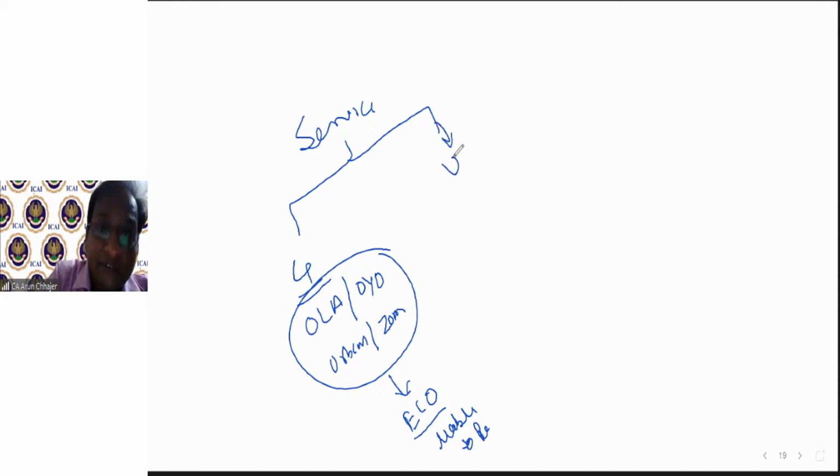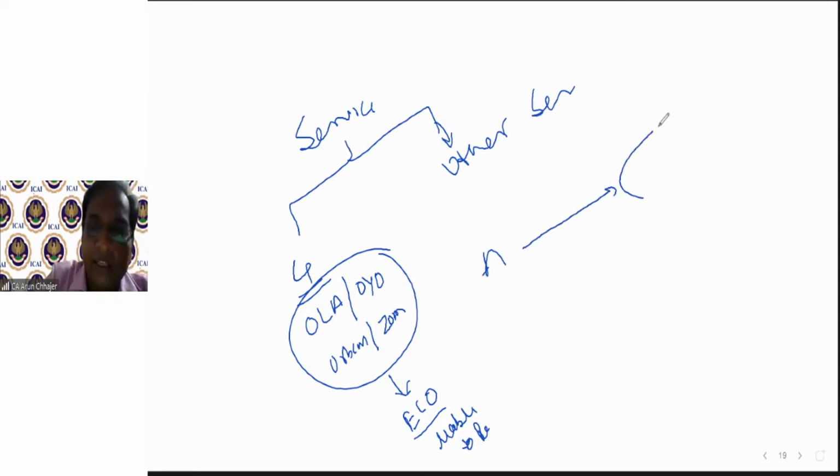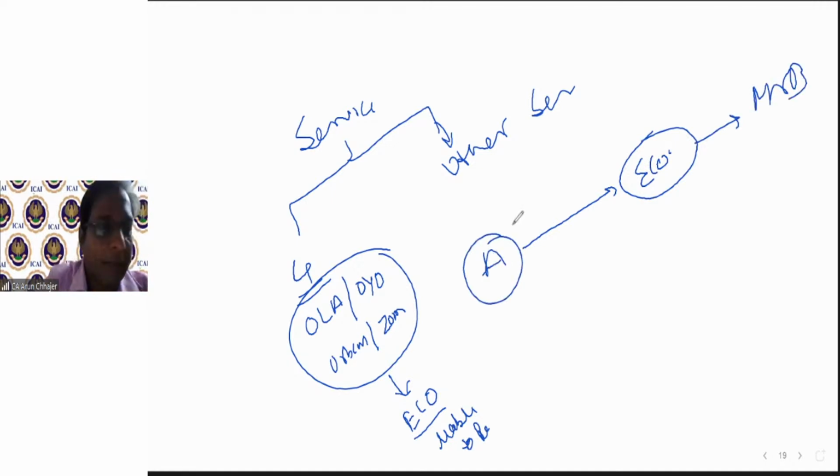Other than that service, other services, let's say A is a chartered accountant making the supply through e-commerce operator to client Mr. B, और एडवोकेट है या कोई भी है, अब आप कहोगे सर कि हमारे एथिक्स अलाउ नहीं करते, लेट्स टेक एनी अदर सर्विसेज. A is providing the consultancy services through e-commerce operator to Mr. B. Then what happened?